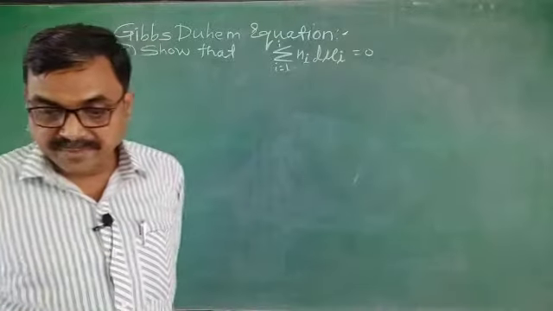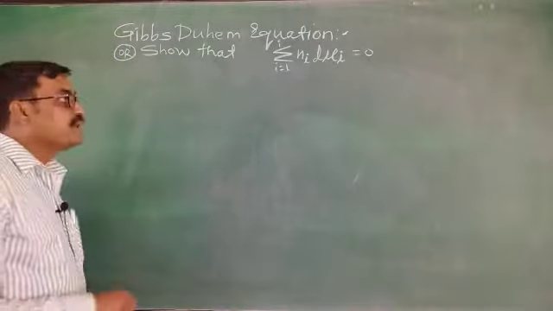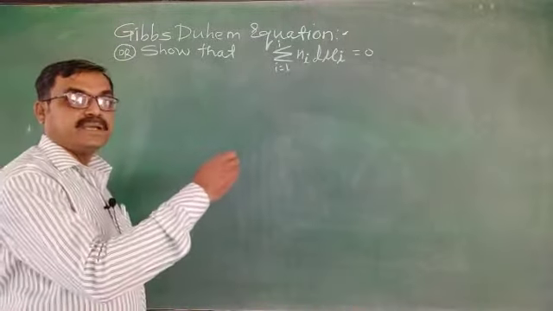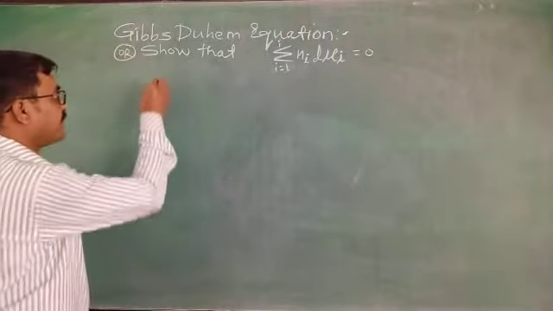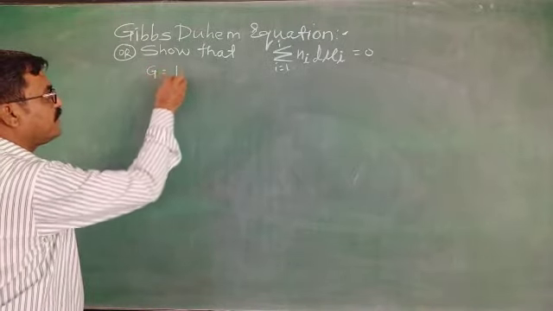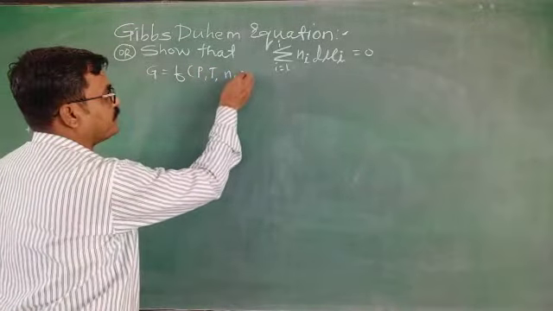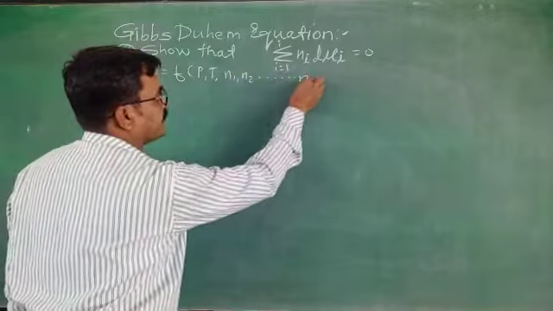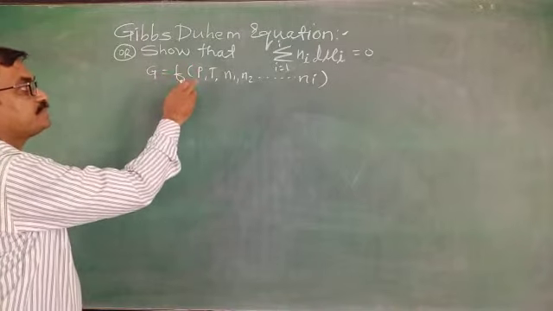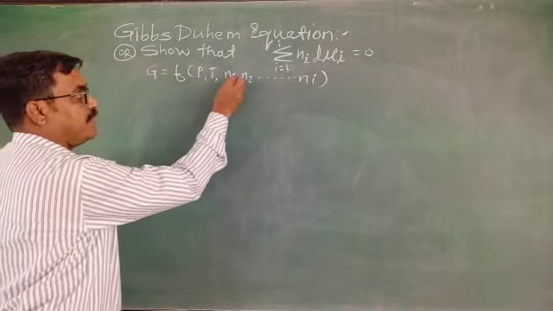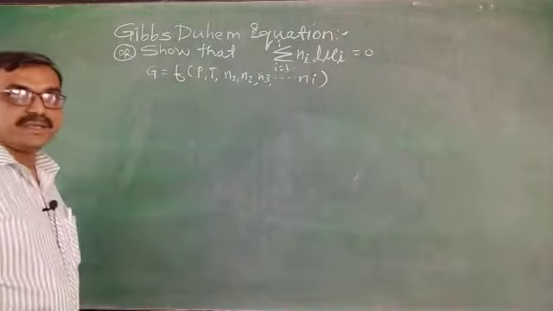If the system consists of different constituents N1, N2, N3, up to the last, Ni, then the Gibbs free energy G is a function of pressure, temperature and the number of moles of constituents present in the system. That's why G is a function of P, T, N1, N2, N3, up to the last component Ni.